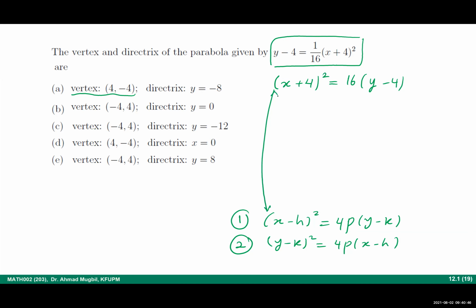So the hint for this question is to write it in the standard form by multiplying both sides by 16. Now you know what h, k, and 4p are, so you can find everything now.